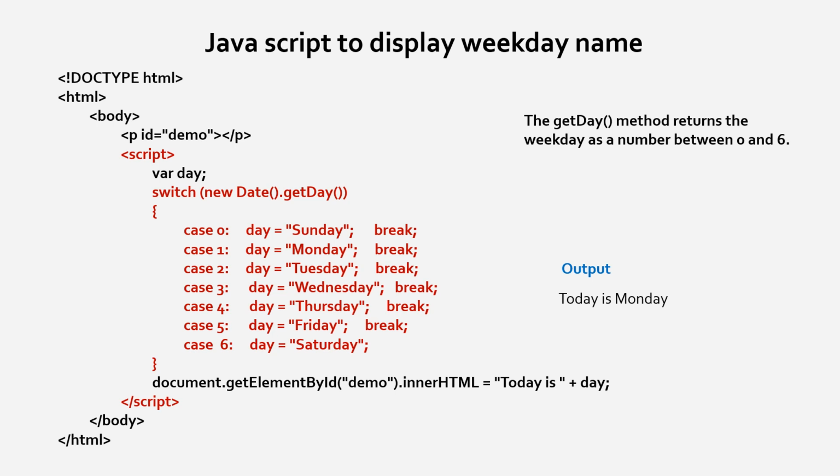For that the getDay method is used, which returns the weekday as a number between 0 and 6. When it returns 0, it will display Sunday. If it returns 4, it will return Thursday. Like that we can get different days. The output will be like, today is Monday.